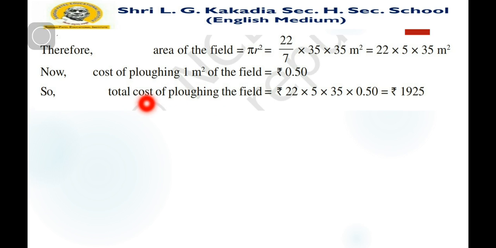The cost of plowing 1 meter square of the field is 0.50 rupees, and the total cost of plowing the field is the multiplication of cost and the area. After multiplying all the terms, we find the plowing cost is 1,925 rupees.